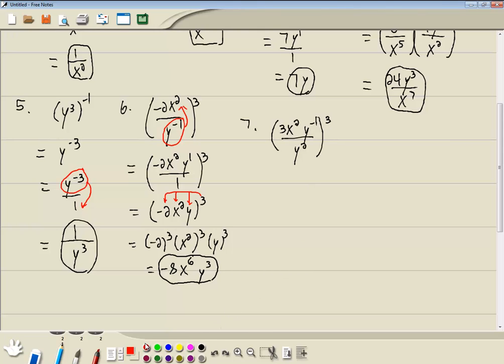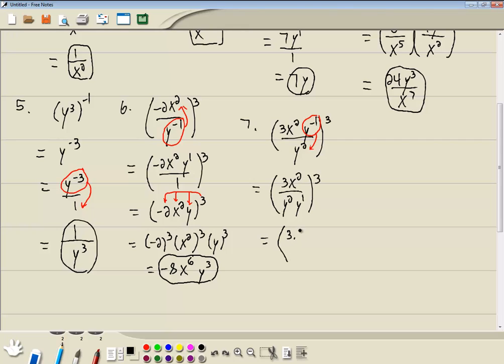Well, again, we're going to work on what's inside the parentheses first. Order of operations always tells you to do that anyway. And we got a negative exponent. Never want negative exponents. So that y to the negative first power I'll take down to the denominator. So we're going to have 3x squared over y squared. And the y to the negative 1 becomes y to the positive 1, to the third power.